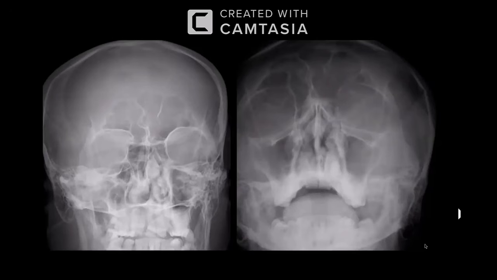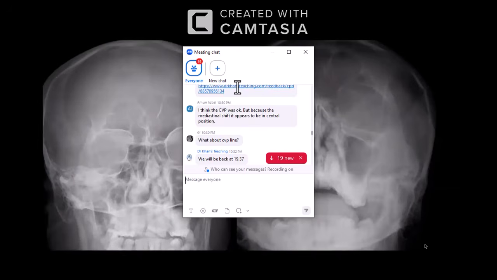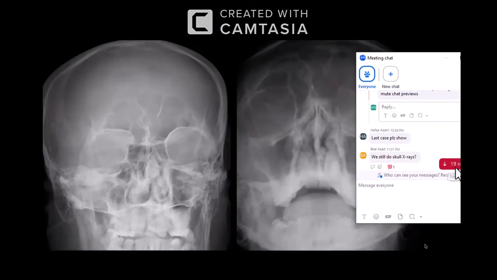Okay, I can appreciate that the patient has multiple tooth fillings. Look at the bones carefully. Do you have a search pattern, especially for a skull radiograph? Yeah, I start from top to the bottom.